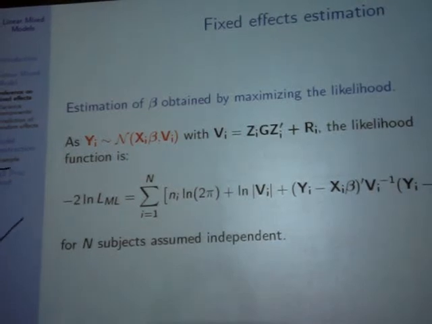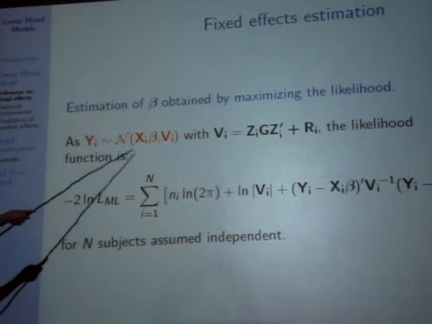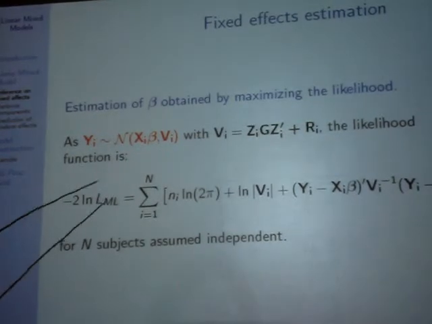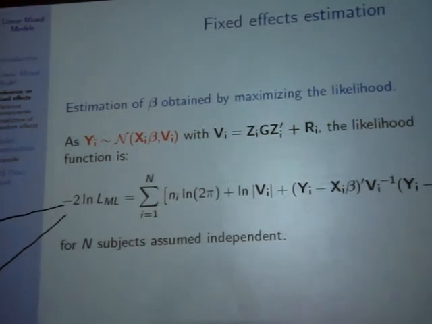To obtain estimation of the fixed effects, we maximize the likelihood. The observations yi are assumed to be normally distributed with mean xi beta and variance covariance vi. So the likelihood can be written like this: minus 2 log of the likelihood.